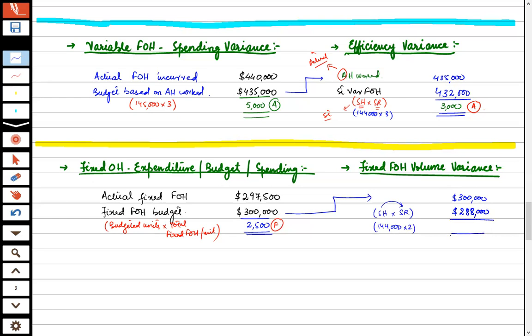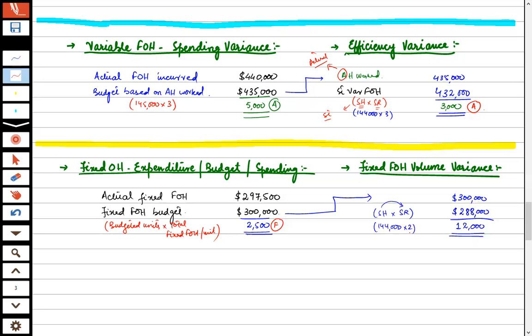So the difference would be $12,000. Now see if it is favorable or adverse. In this case, the fixed FOH budget is fixed for all levels, 300,000.